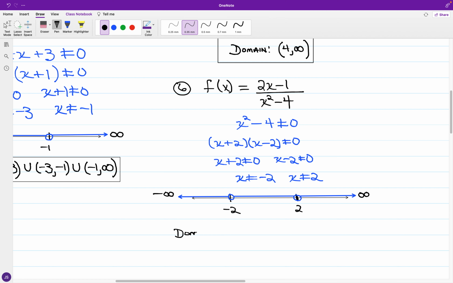All right, so the domain has been broken up into 3 separate subintervals. The first is between negative infinity and, but not including, -2. So again, that's for those values of x less than negative 2. Then you have those values of x such that negative 2 is less than x is less than 2.